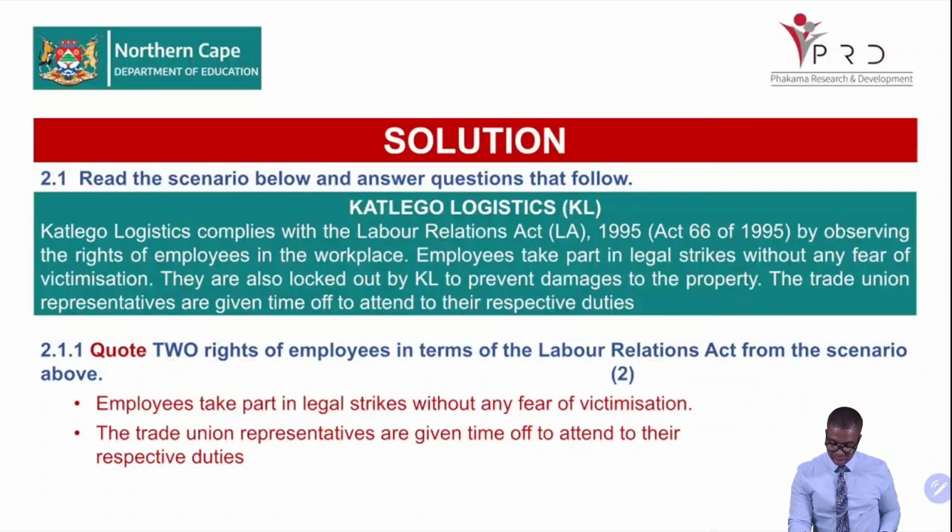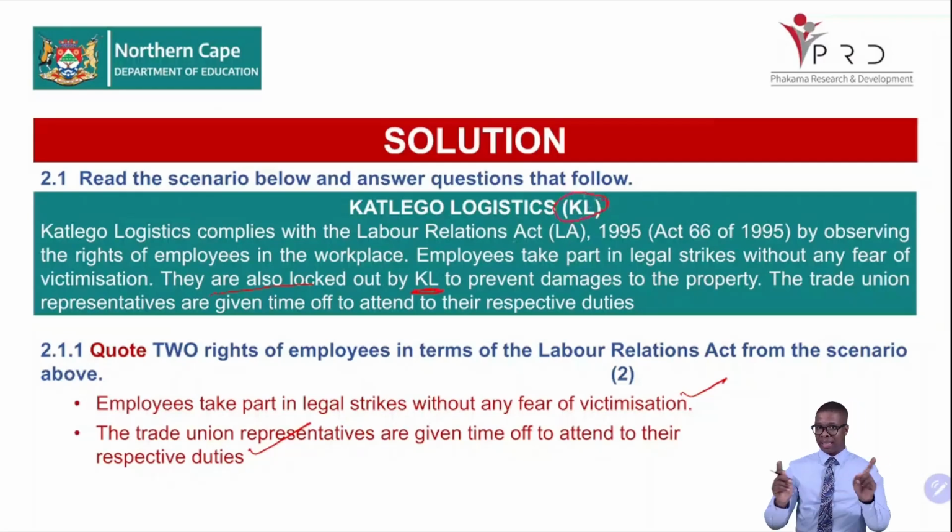Employees take part in a legal strike, correct? And the trade union representatives are given time off to attend to their respective duties. Hence, I'm saying they are also locked out by KL, which is Katleho Logistics, cannot be correct. Why? Because this is the right of the employer. In this regard, who is Katleho Logistics? The business.